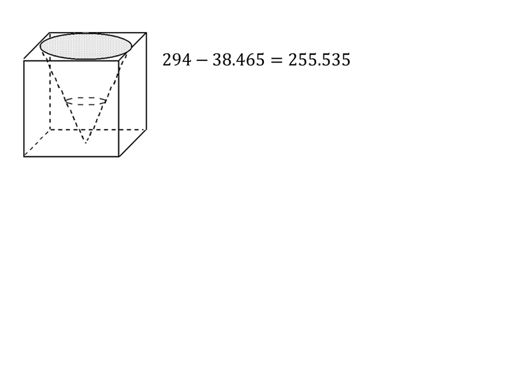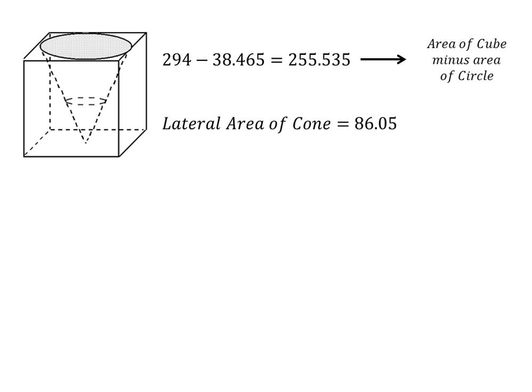So we're going back. On the screen, 294 minus 38.465, this right here is the area of the cube minus the area of the circle up top. Then we found the lateral area of the cone, and this is more area now that needs to be added because there's more surface area.